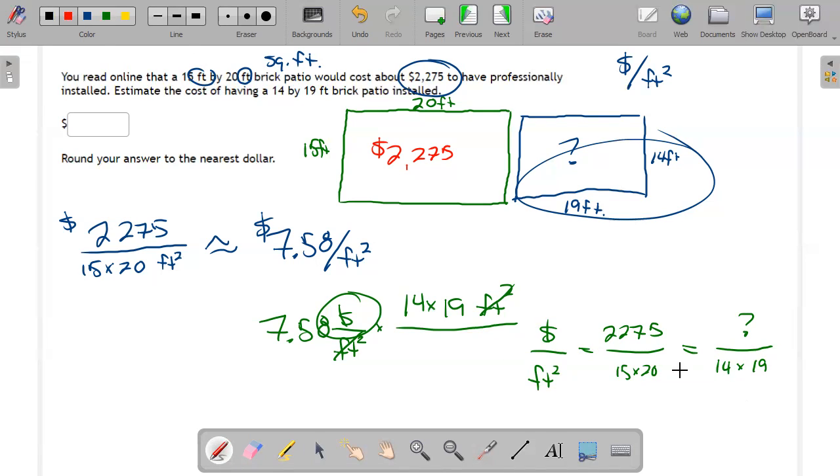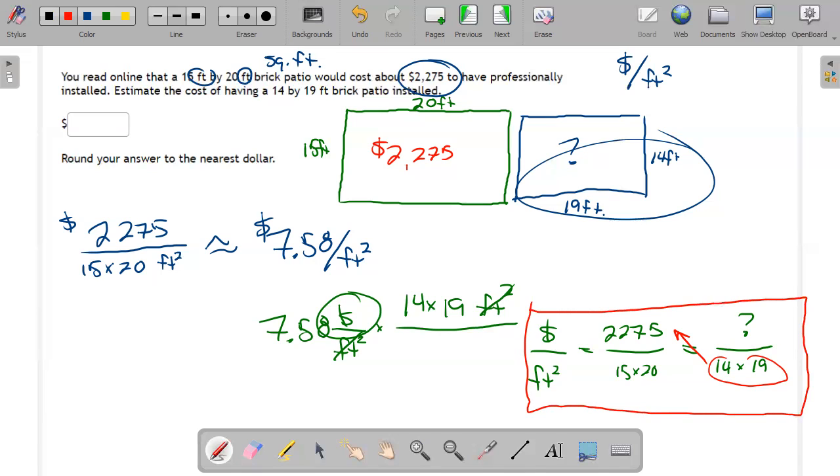To solve a proportion like this, I would just multiply this denominator up, and that division and multiplication would be my answer. So the alternative solution is to set up a proportion. It'll give me the same answer. I like the unit cost version, the first way to do it.